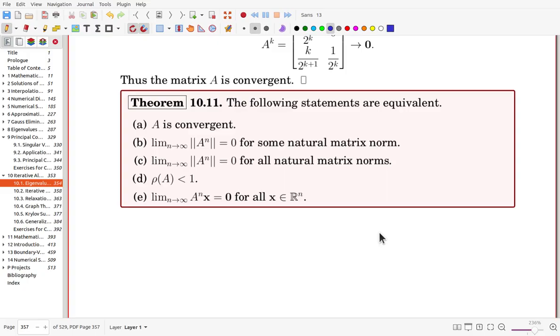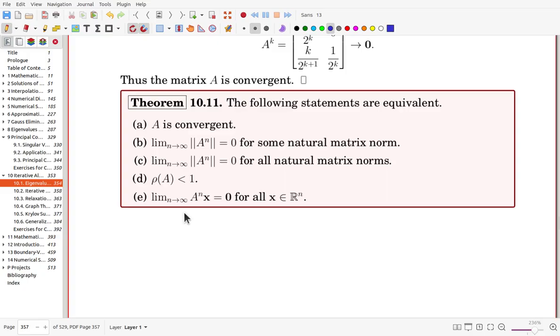An equivalence theorem is organized to expand the definition. So once A is convergent, then that is satisfied, again satisfied, everything will be satisfied. That means when we try to prove, or when we try to use the convergence, then we can use any of these. So in a sense, such an equivalence theorem is an expansion of the definition.